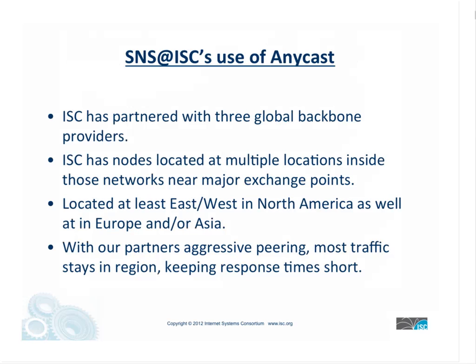Our design is that we operate per-provider clouds, so all of the nodes in one provider is one cloud, another network with all those nodes is another cloud, and so on. Locations inside those networks include at least an east and west node in North America, as well as a node in Europe and Eurasia. With our partners' aggressive private and/or public peering, most traffic stays in region, keeping response time short.